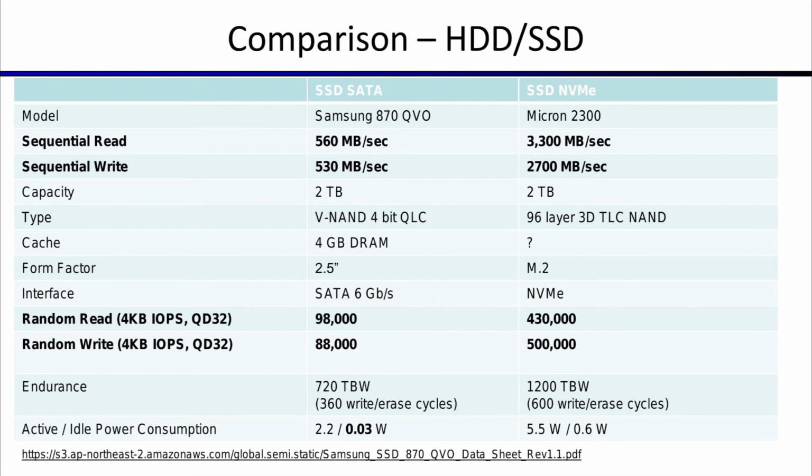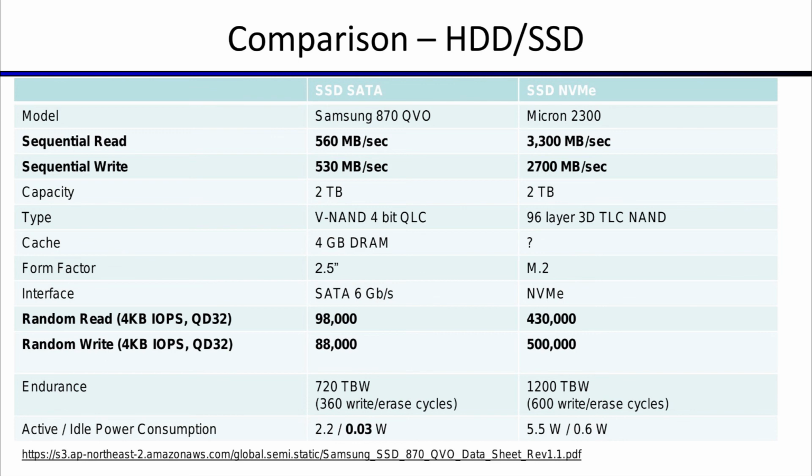Now, 720 terabytes written on a 2 terabyte drive means if you divide 720 by 2, it's roughly 360 write erase cycles. Now, that is low, and it is low also because this is a QLC technology. It keeps 4 bits of information per cell, as we just went through.